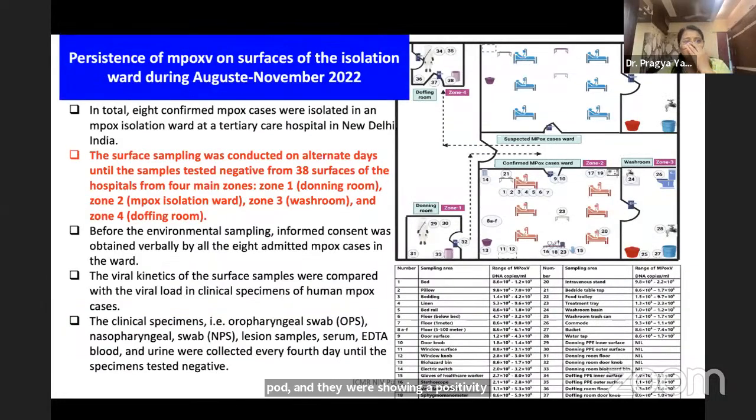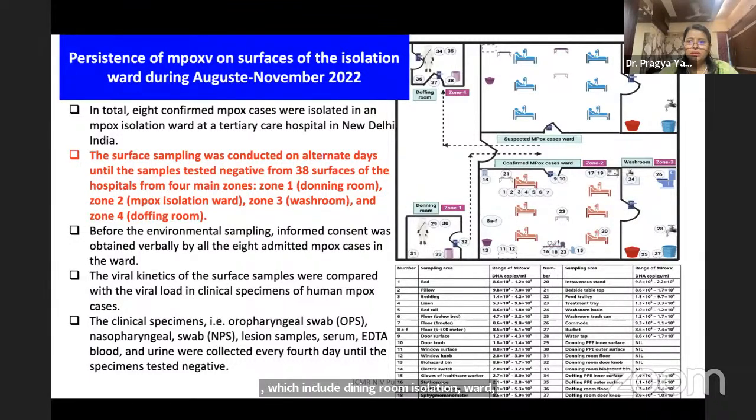Then there is another study which we did with Dr. Vineet Lehlan and his team in the hospital, when 8 confirmed monkeypox cases were isolated. We could define the hospital bed, entry, exit, bathroom, everything in a very systematic order, and we collected specimens from 38 surfaces of the hospital, which include the donning room, isolation ward, washroom, and doffing area.